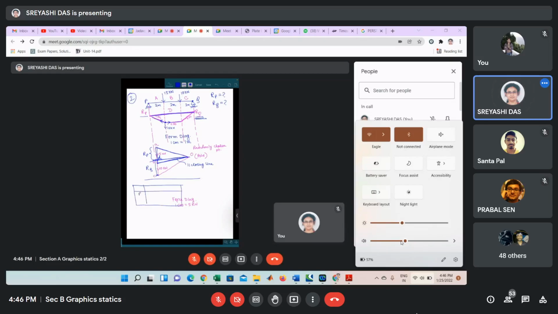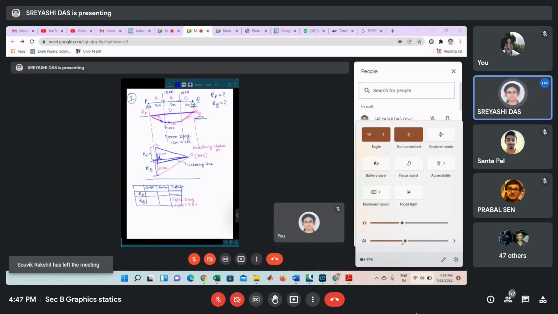Reaction at P, reaction at Q, graphical value, analytical value, and percentage error. That percentage error you have to find out.